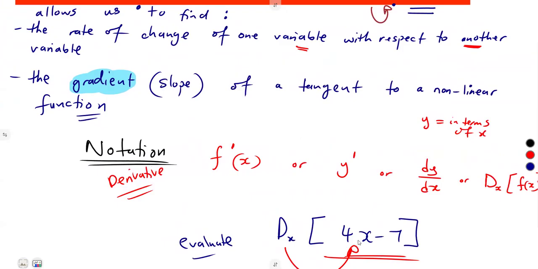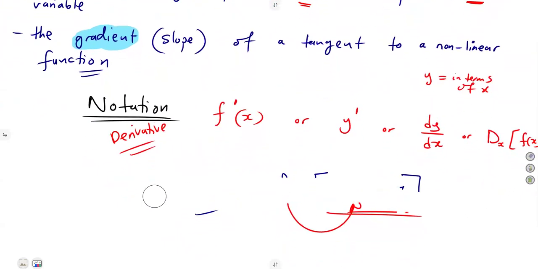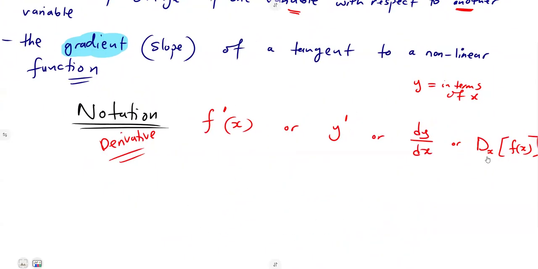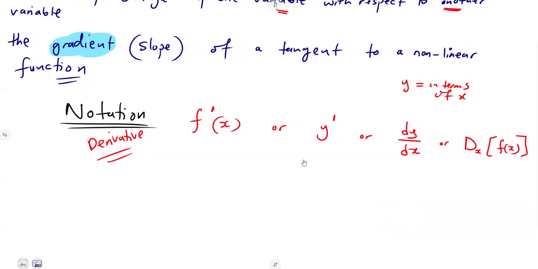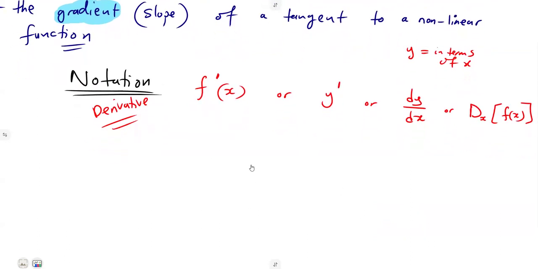So that is with respect to x. So we are going to apply this later on. For now, I want you to know the notation of the derivative and also the definition of a derivative.